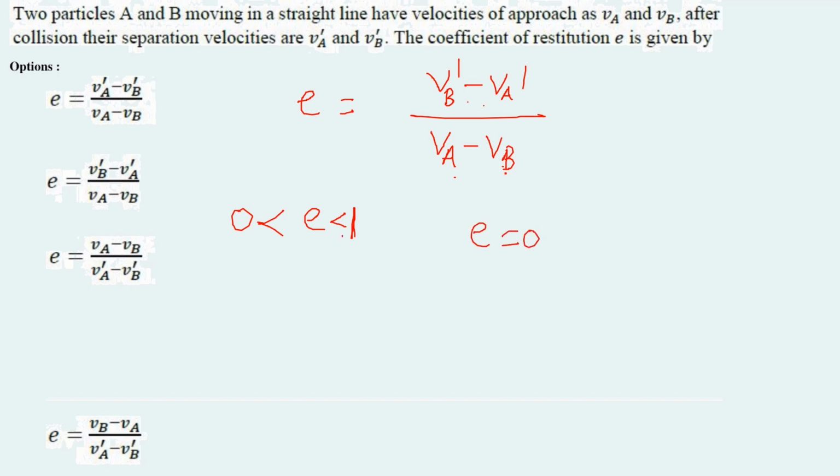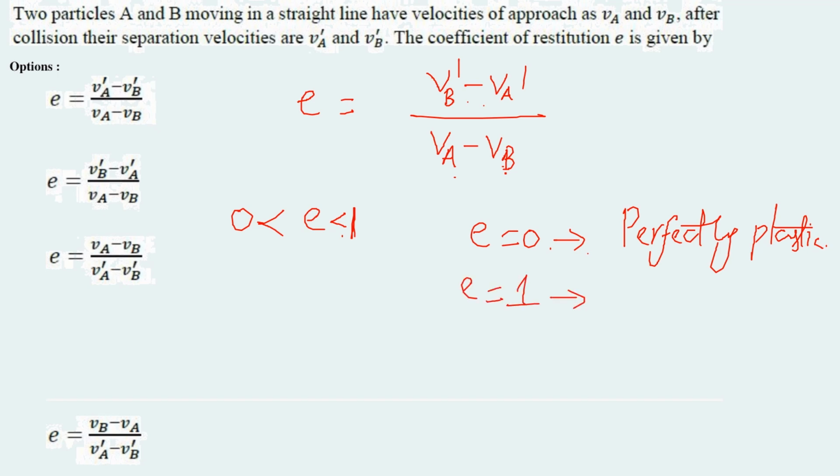When E is equal to 0, the impact is perfectly plastic. When E is equal to 1, the impact is perfectly elastic. So the correct answer for this question is (VB dash minus VA dash) divided by (VA minus VB), option B.